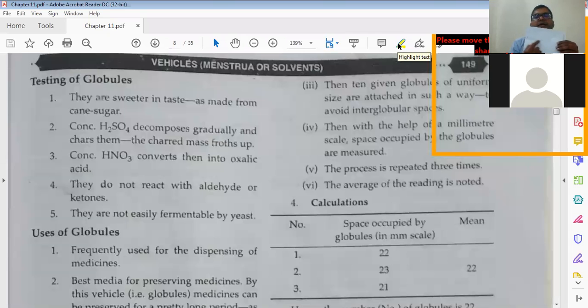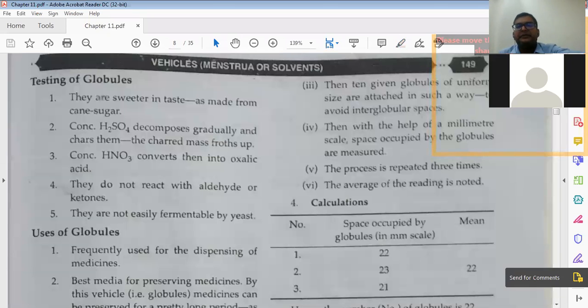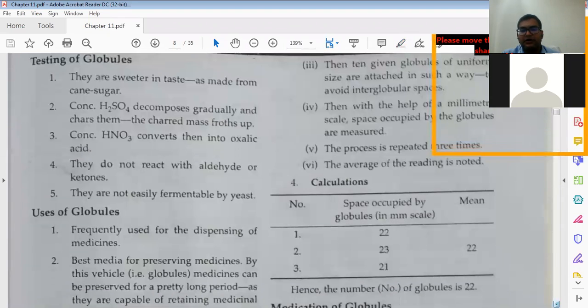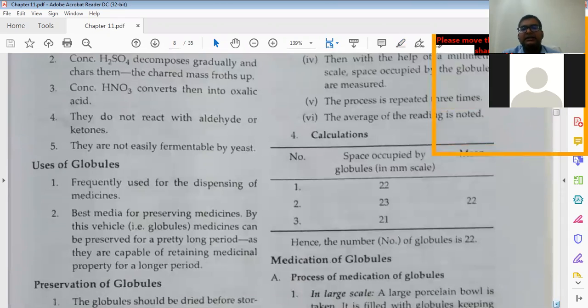One time you measured, second time you measure, third time you measure with the same scale, and you note down the measurings. The process is repeated 3 times. The average of the readings is noted. Here one example of calculation is given.